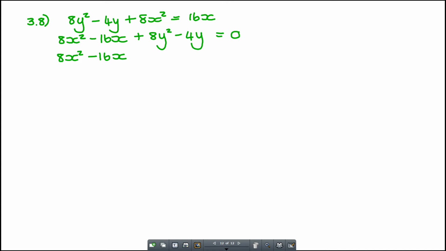Okay, if I want to complete my square, usually we would take the coefficient of the x, but wat is anders hierso? Daai 8 voor die x kwadraat, nee. Okay, so I want to get rid of that. En ook, kyk gou at the y squared. I also have 8.